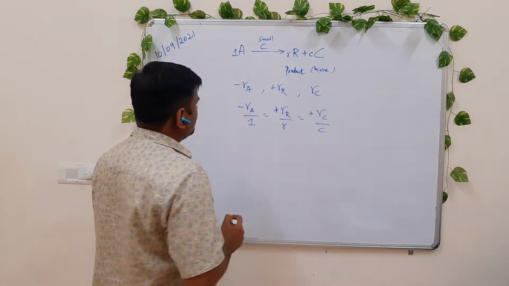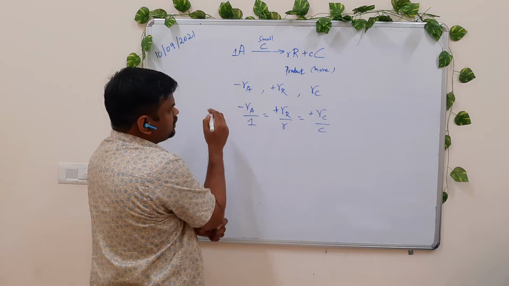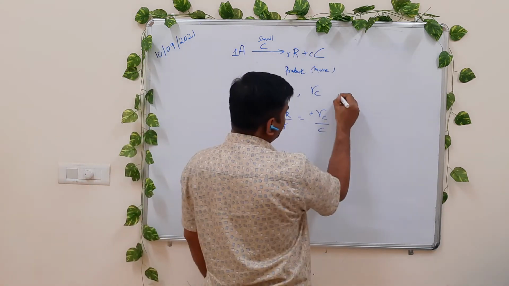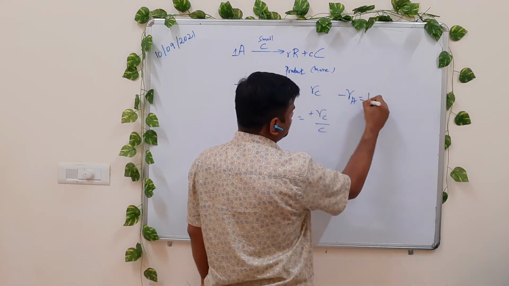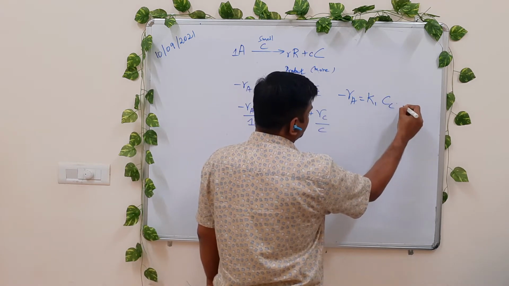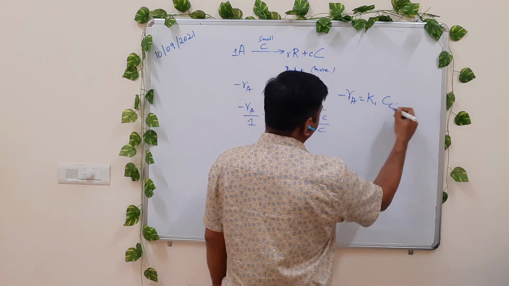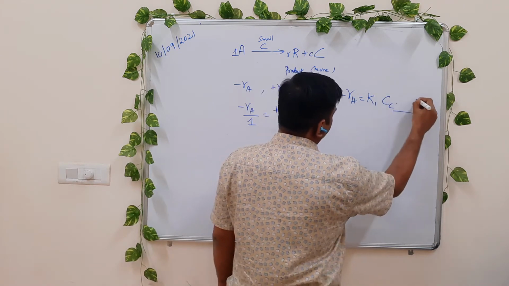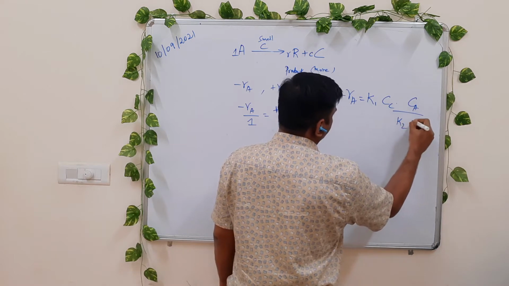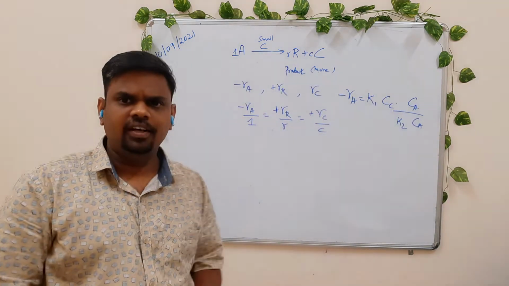Okay. Now, how will this rate equation come into the picture? If you consider microorganisms, we are going to have a rate equation: minus rA is equal to k1 into CA, concentration of C, into concentration of product R, divided by k2 plus concentration of A. In this fashion we are going to have a rate equation.